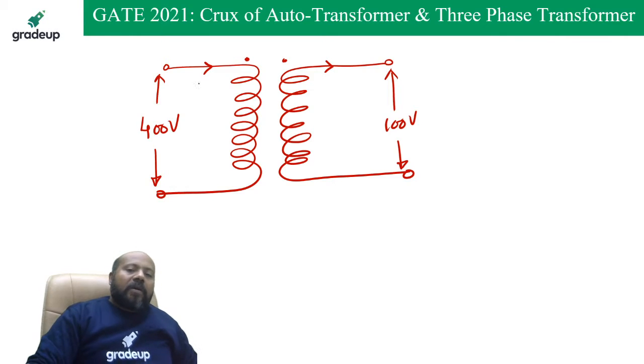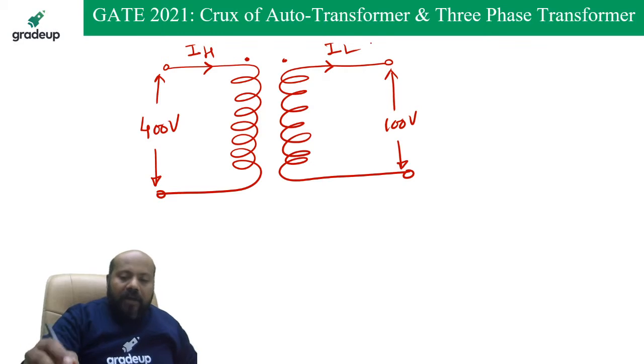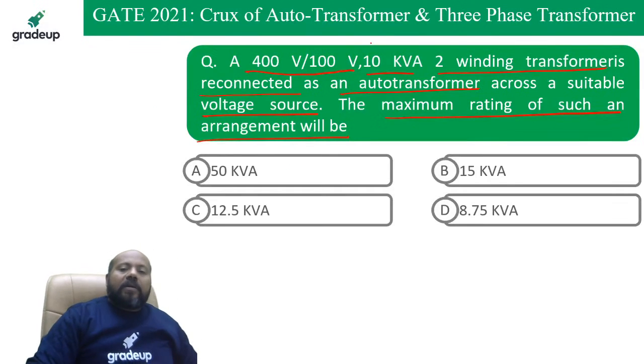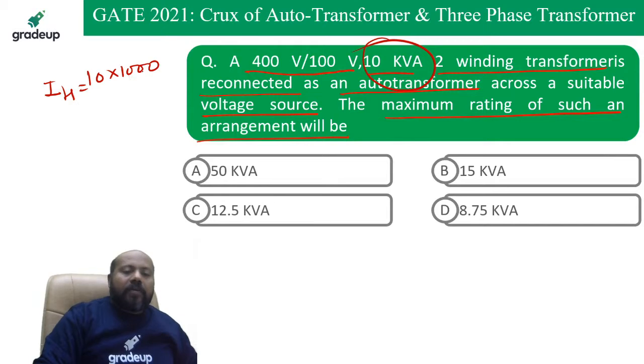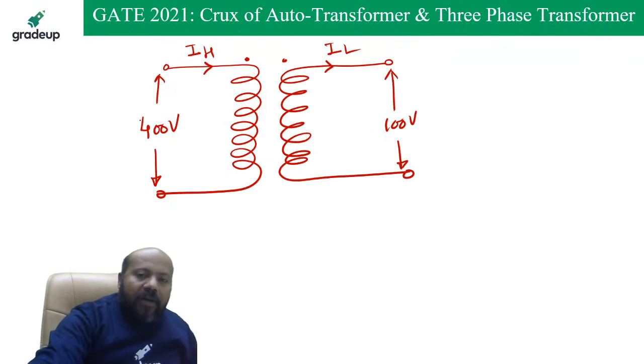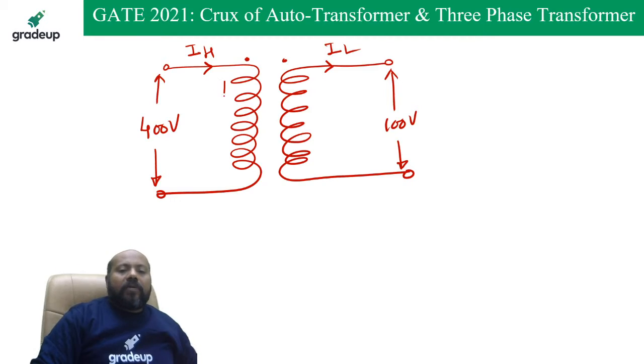Now, can you tell me the current at the high voltage side and the current at the low voltage side? The rating of the transformer is given as 10 kVA. So what is the high voltage side rated current? 10 into 1000, because it is kVA, divided by 400. It is going to be 25 ampere. 25 ampere is going to flow in this direction, dot to no dot.